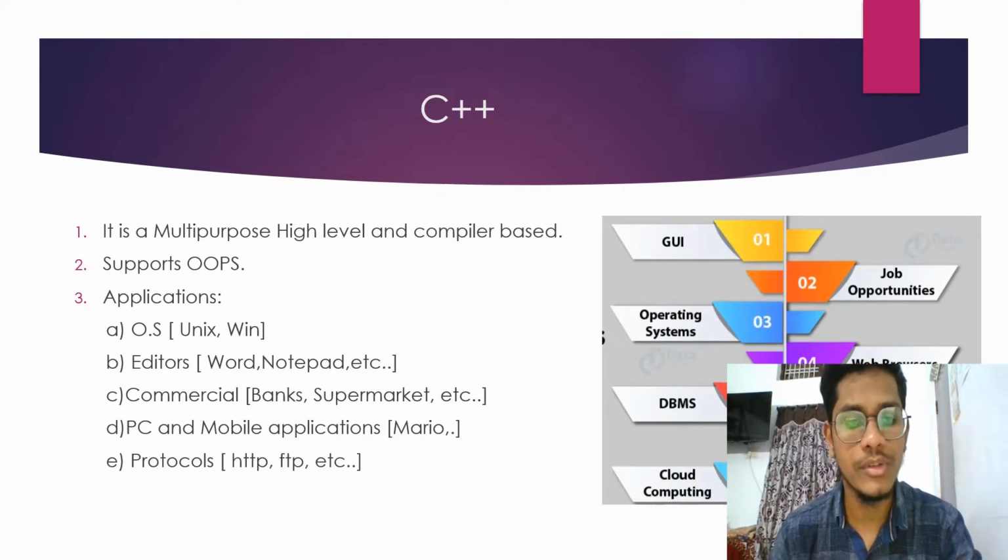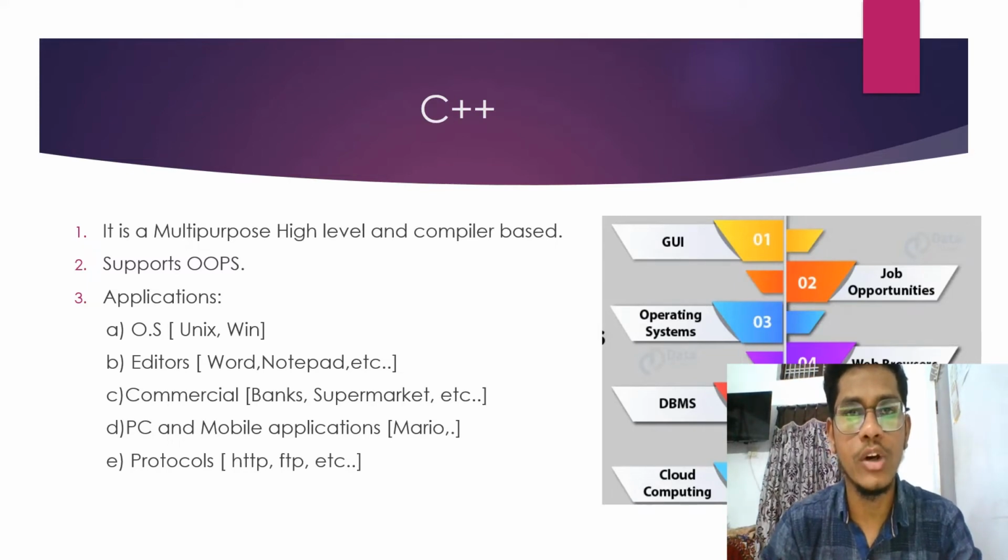For example, as I mentioned, banks and supermarkets: if you are going to a bank, we need high data security for an account and for all the information that we attain. Not only that, for example Ethereum or any cryptocurrency, banks or UPI, we have to have high security, right? For that, we are going to use C++.